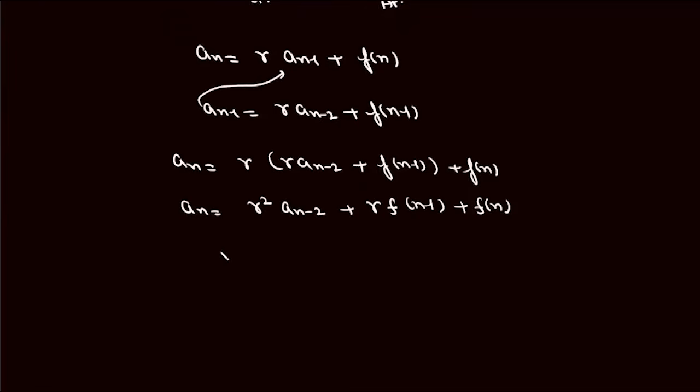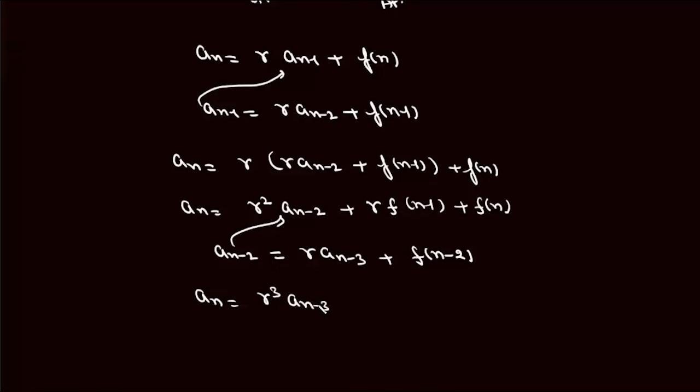Now we can expand an minus 2. It will be r an minus 3 plus fn minus 2. And if we put it here, we'll get an equals r cube an minus 3 plus r square fn minus 2 plus r fn minus 1 plus fn.